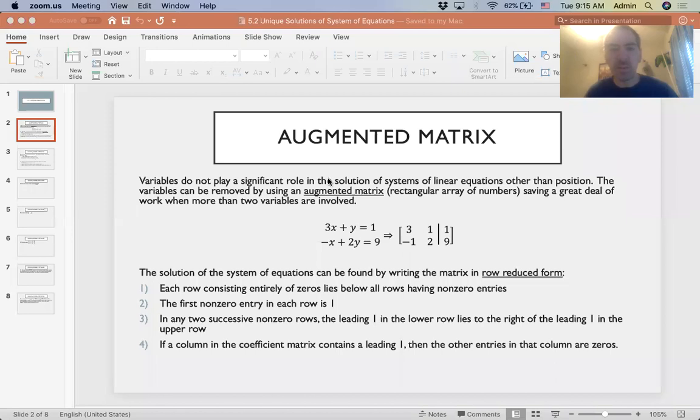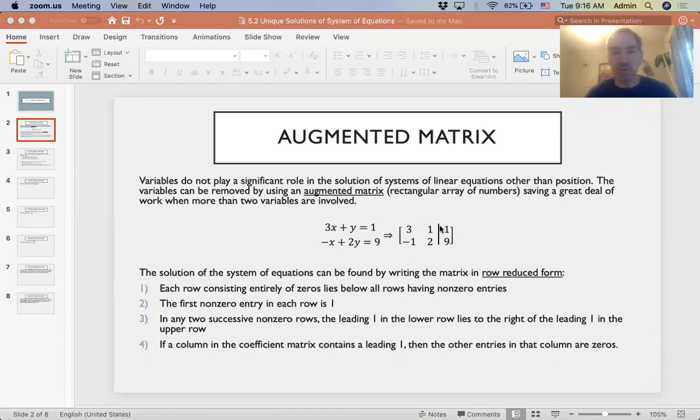Now, in this example, I have a system of linear equations in two variables, x and y. And first of all, I want you to be comfortable with being able to write the system of equations in the form of a matrix. So for this matrix, all we're doing is taking the coefficients, this 3, the 1, and 1, and making that the first row.